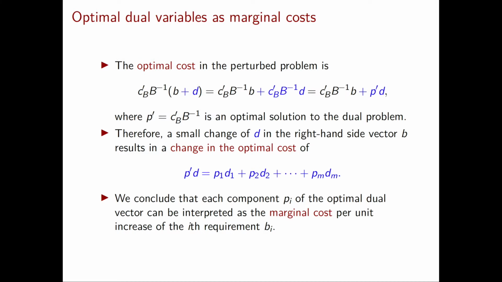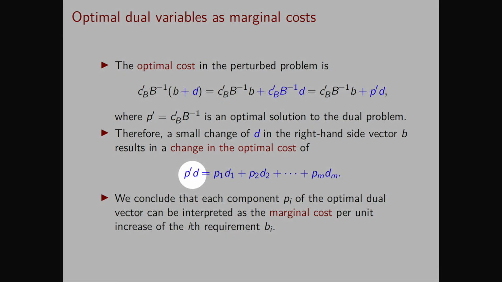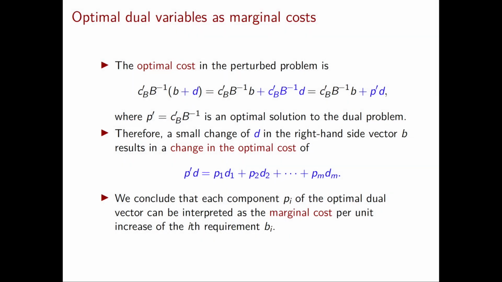Therefore, the optimal solution p for the dual problem can be used to understand how much the optimal cost will change if the right-hand side of the problem is slightly perturbed. In particular, if we set d to be equal to the vector of all ones, then pi will be exactly the marginal cost per unit increase of the ith requirement bi.